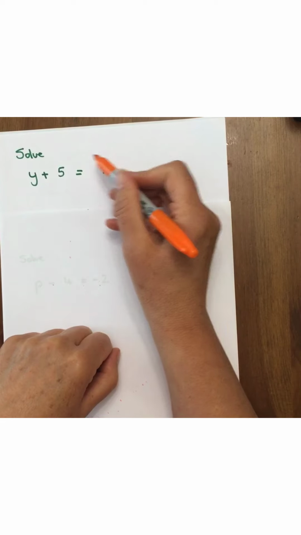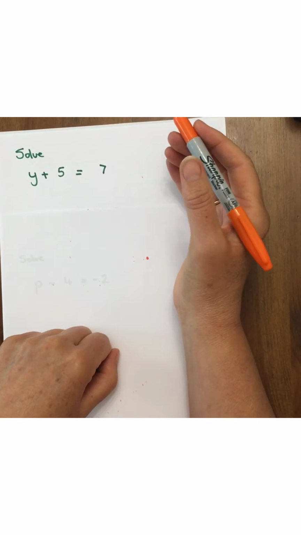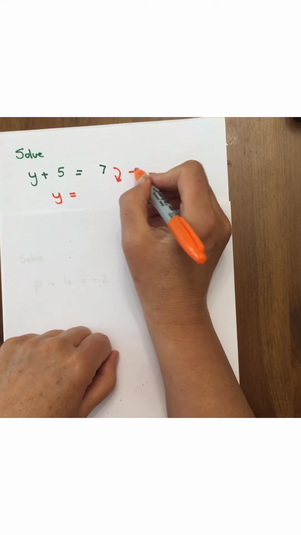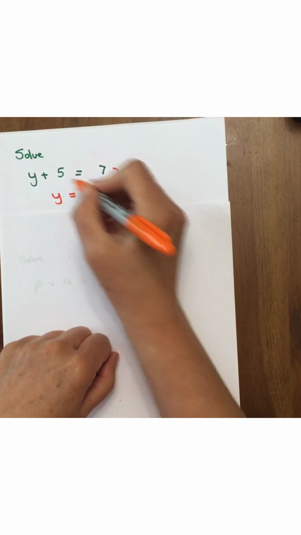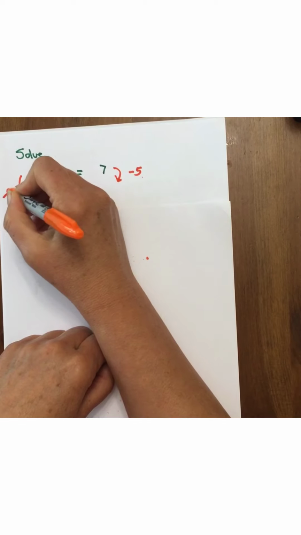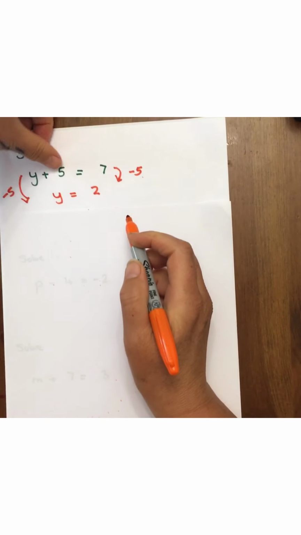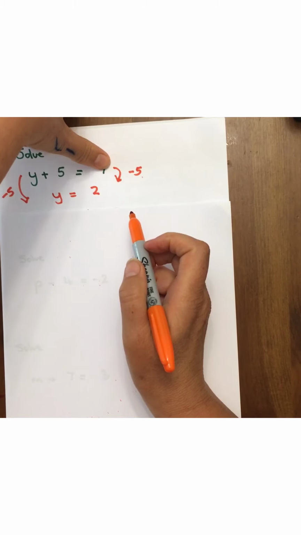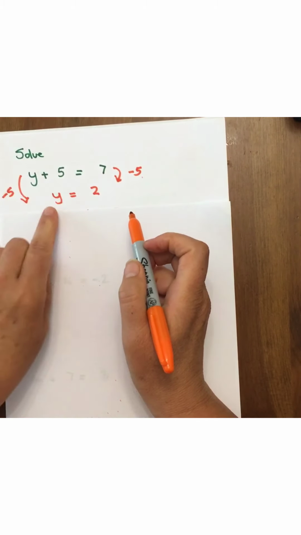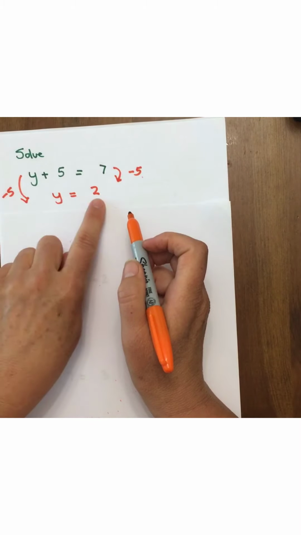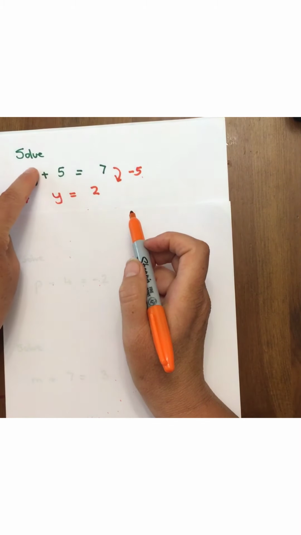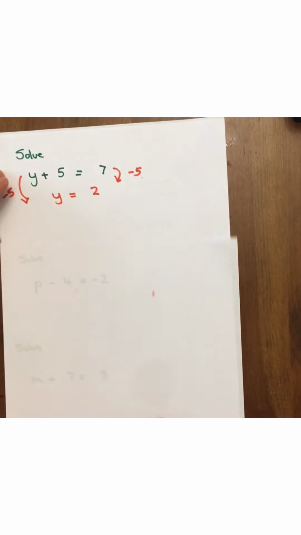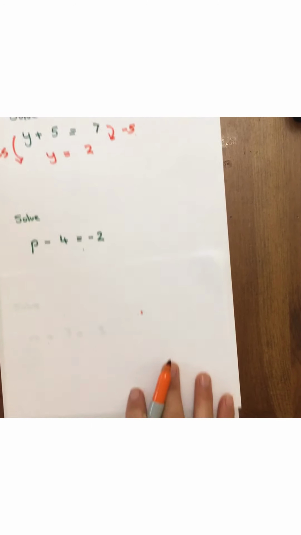You're doing 7 take away 5 is 2, i.e., you're taking away 5 from both sides of the equation. If I take away 5 from this side, I'm left with y. If I take away 5 from 7, I get 2. My answer is y equals 2. Let's just double check that. 2 add 5 is 7.